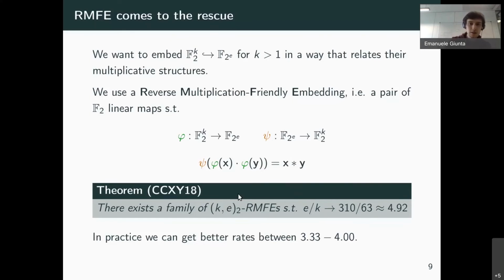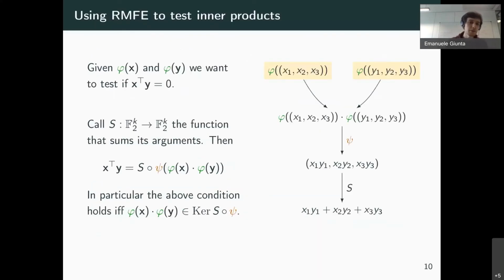Okay, so the next question is, how do we use an RMFE to solve the problem we want to show, essentially R1CS? The first step is to show how to use an RMFE to compute an inner product. Before, I told you that an RMFE allows us to easily compute the Hadamard product of two vectors, even after we encode.